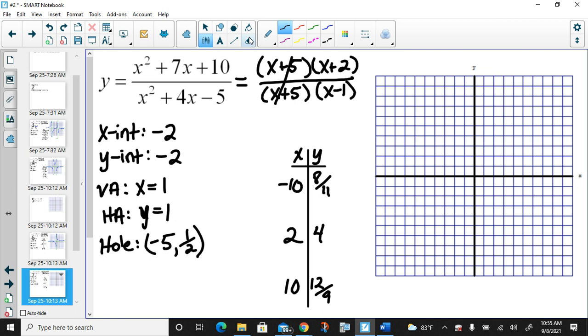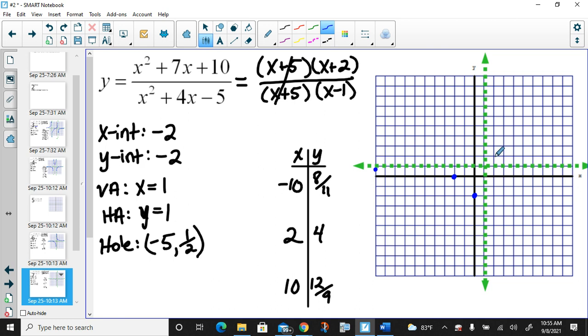All right, so we start putting all of this stuff in. Vertical asymptote at 1, horizontal asymptote at 1. We have an x-intercept at -2, a y-intercept at -2. We have -10, 8/11ths, so less than 1.